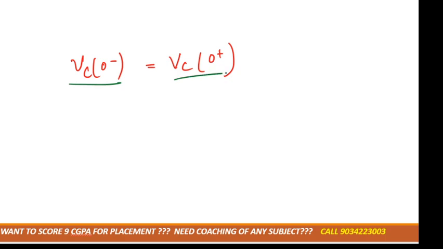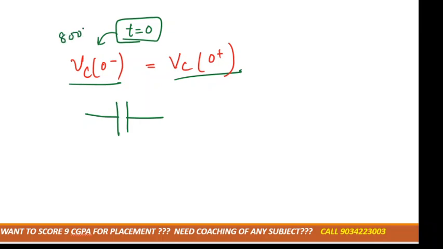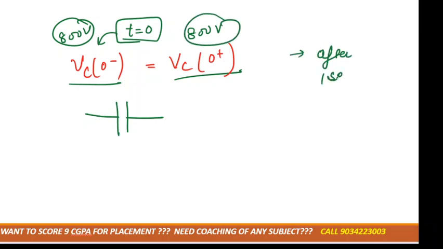Since the capacitor doesn't allow a change in the voltage, if at t equal to 0 you switch off the fan, suppose the earlier voltage was 800 volts, and just after 1 second the voltage will remain the same.